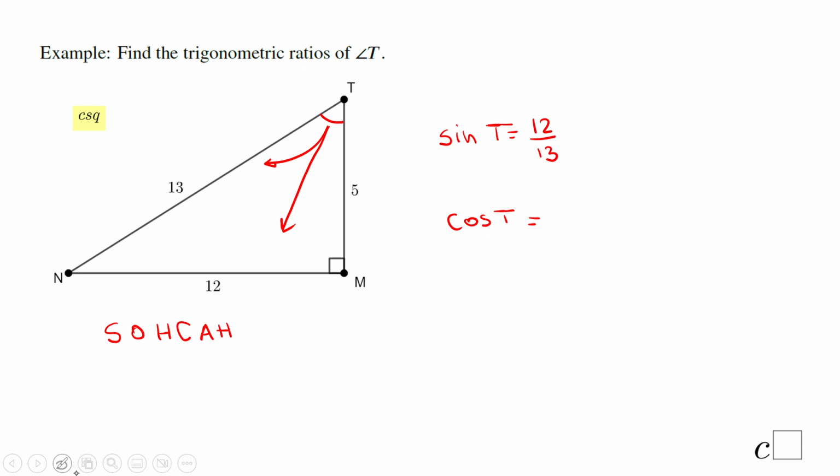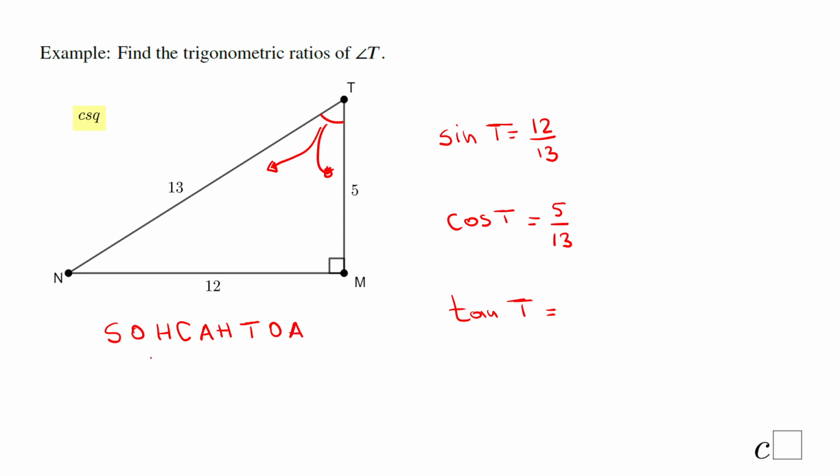The only thing you need to be careful about: I'm going to erase here, the same angle, right? So cosine is adjacent, 5, over hypotenuse, 13. The last trigonometric ratio, tangent of this angle T. Tangent is defined as opposite leg over adjacent leg.